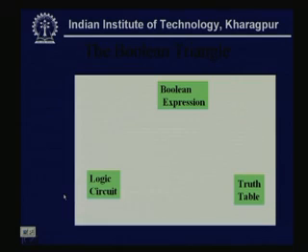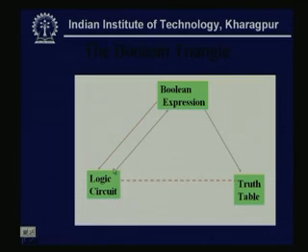Now, last day we have seen some Boolean expressions. That means, given a digital design to be built up, first we have identified the expressions or the truth tables. We have seen how the truth table can be built up from the Boolean expressions, and again from the Boolean expression the logic circuit can also be built up.